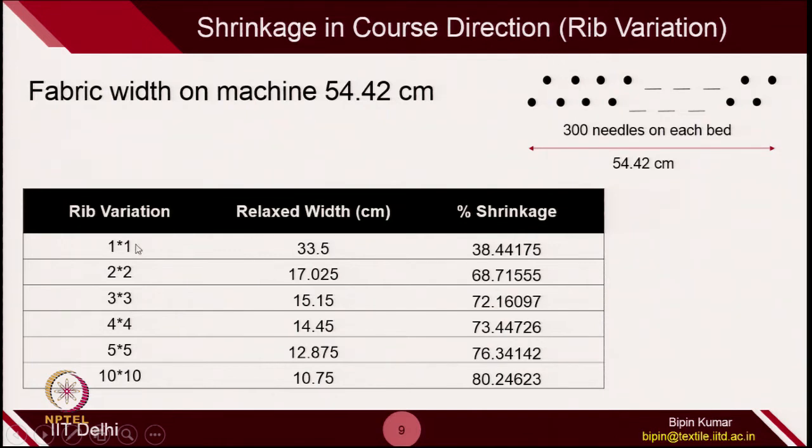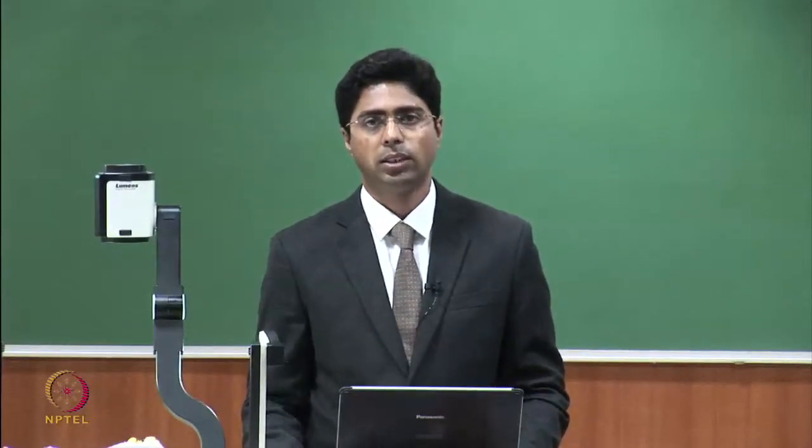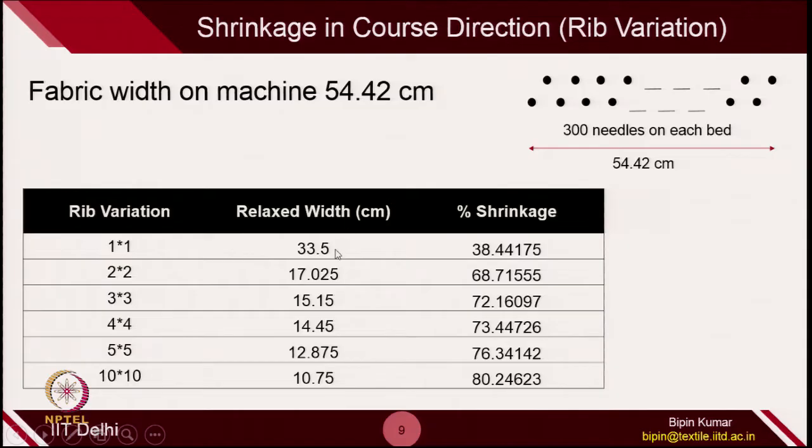You can see here, the moment I created the 1 cross 1 rib fabric, after relaxation the fabric width reduces from 54.42 to 33.5. So, 38% shrinkage was observed in 1 cross 1 rib. In 2 cross 2 rib, from 54.42 it reaches 17.025, which is 68.71%.